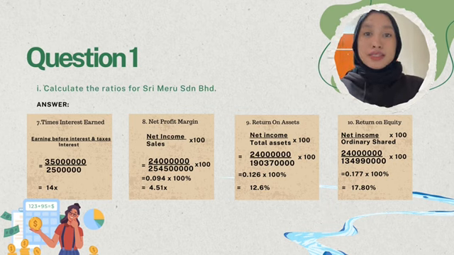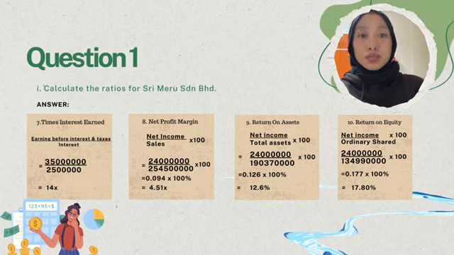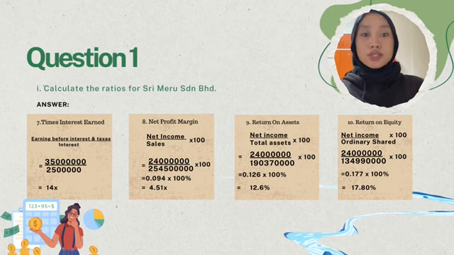Number 9 is return on assets. To calculate return on assets, the formula is the amount of net income divided with amount of total assets times with 100, which is 240000 divided with 19037000 times with 100, and the total is 12.6%.